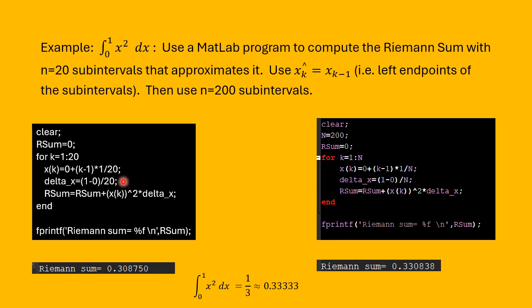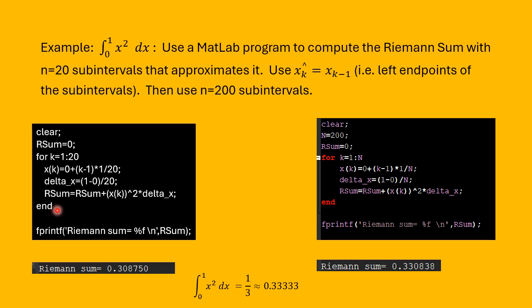Each subinterval has length 1/20th. So our sum, our Riemann sum, is going to be the previous Riemann sum we computed in this loop here, plus the function at x sub k star, which is our integrand here, times the delta x, and then end.